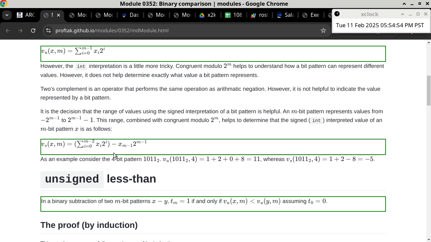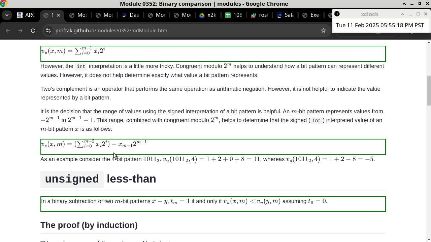Okay, so we think about this a little bit. What if m equals 2? Then we are looking at 1, which is the entire sigma, and then minus 2, which is the most significant bit. That's negative. And then you look at the next one up, let's assume that m is 3.